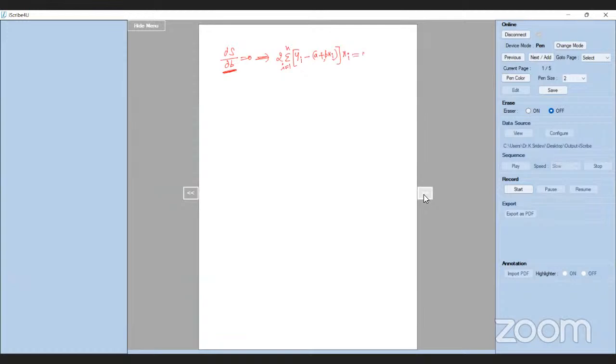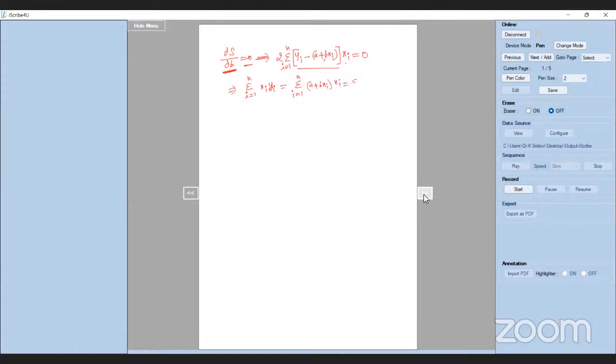This one is equal to 0. Now simplify this one. Summation i equal to 1 to n, multiply this term with xi. Xi into yi is equal to summation i equal to 1 to n a plus b xi into xi.